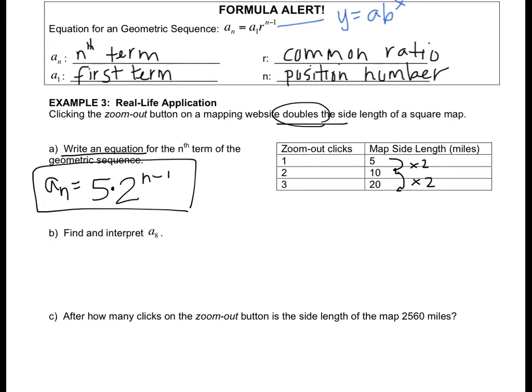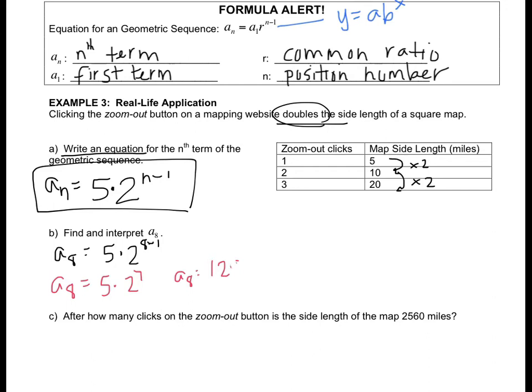Find and interpret A sub 8. Well, that would be the 8th term, or in this case, the 8th click. So A sub 8 equals 5 times 2 to the 8 minus 1. And now all you have to do is evaluate that. A sub 8 equals 5 times 2 to the 7th. Well, I got to get my calculator out to find 2 to the 7th. And that's 128.